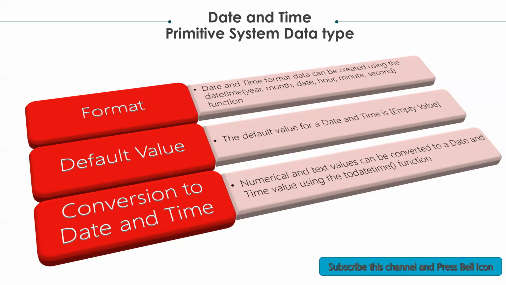Date and time. Date and time format data can be created using the dateTime function. A variable that holds a date and time data type refers to a point in time that is the same for all users.